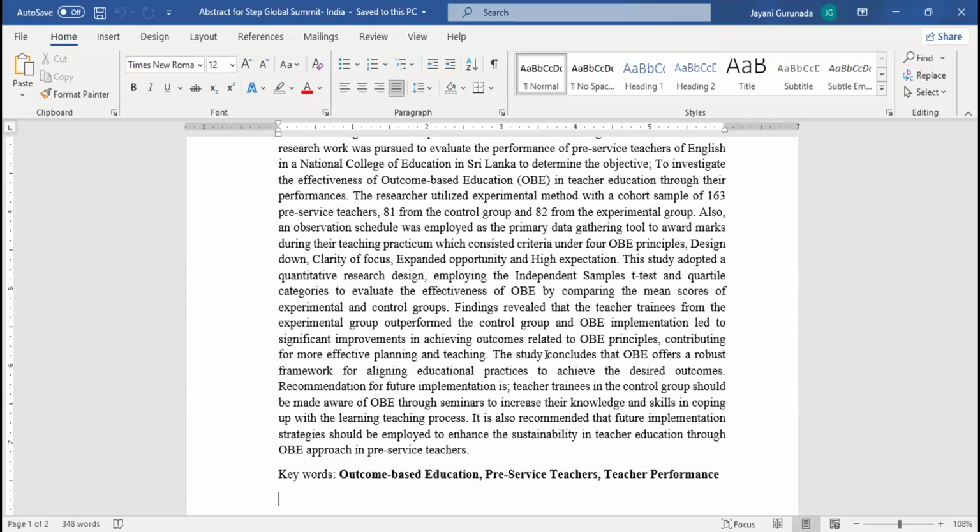No, ma'am. Clear. Is it clear? Right. Okay. Then we'll go to the, this is the abstract. So I have given you everything that you have to include in the abstract, right? Then we'll go to your next part.